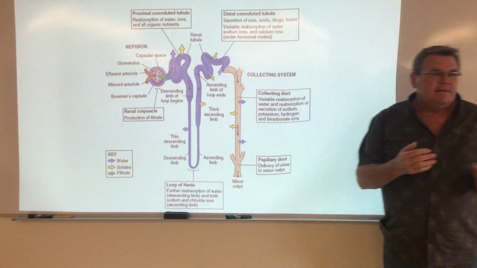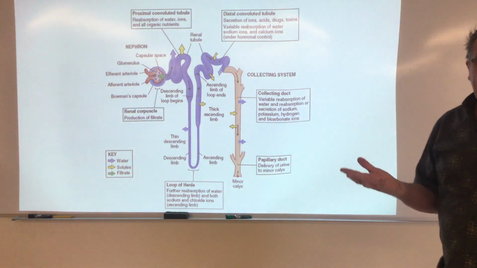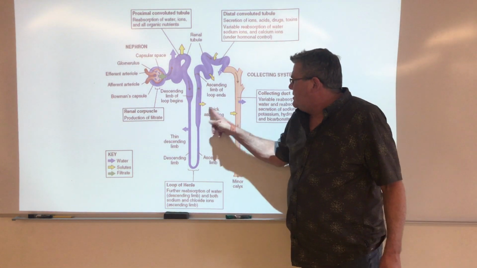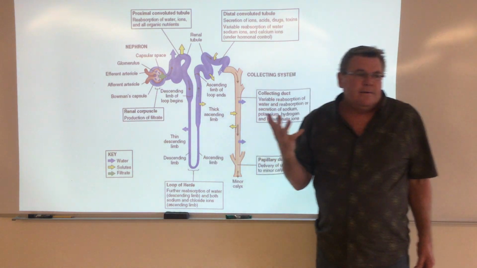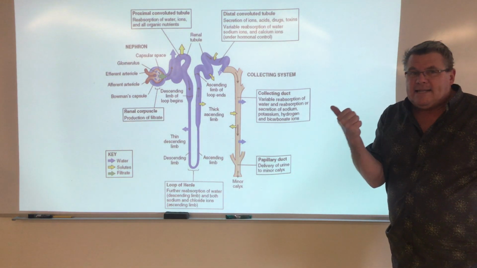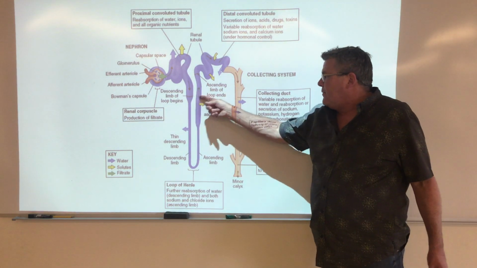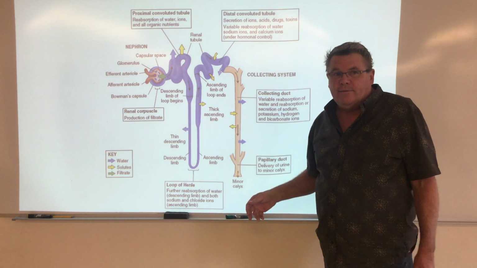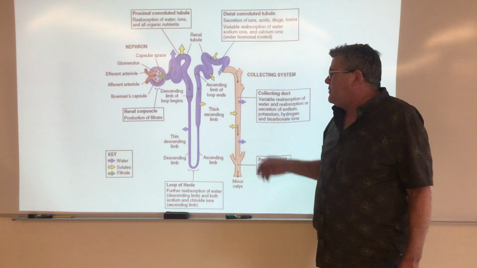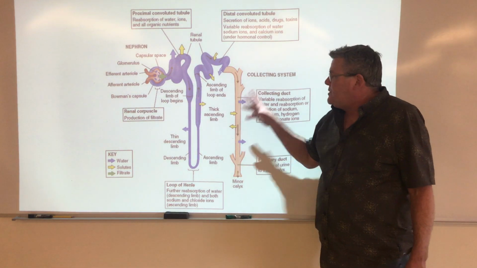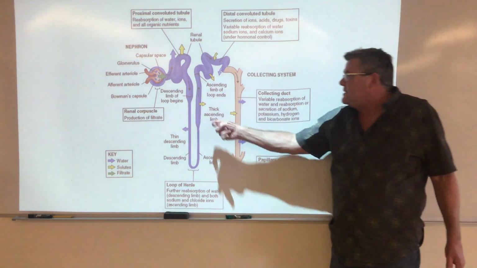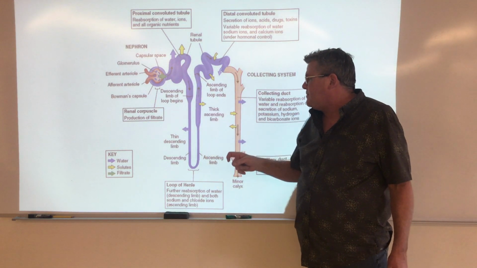Through active transport, where we use energy to actually move things across the membrane, we get a little yellow arrow. This is where we start reabsorbing sodium if we have to, potassium if we have to, chlorine or chloride ions if we have to. And because it's active, this is going to determine how much I'm going to allow to be reabsorbed. So if the nephron decides we're good with the sodium, we don't need to reabsorb it, it's not going to actively pass it across.